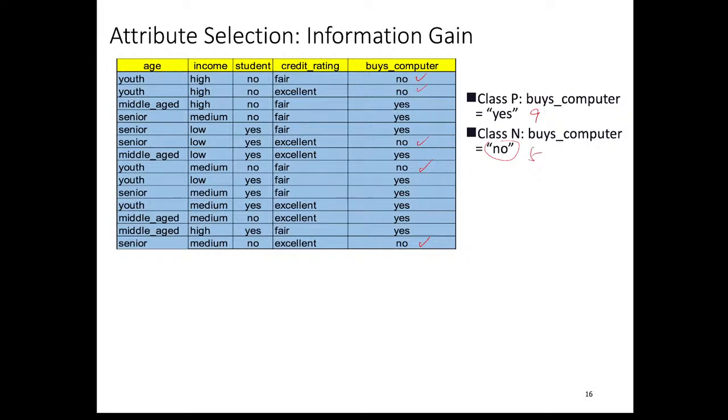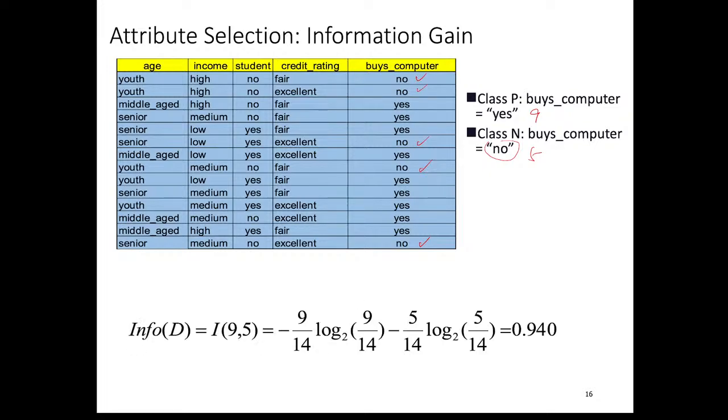That means we have info(9,5). So P positive is 9/14. The probability of the negative class is 5/14, right? So we just plug in the entropy formula, and this is the result.